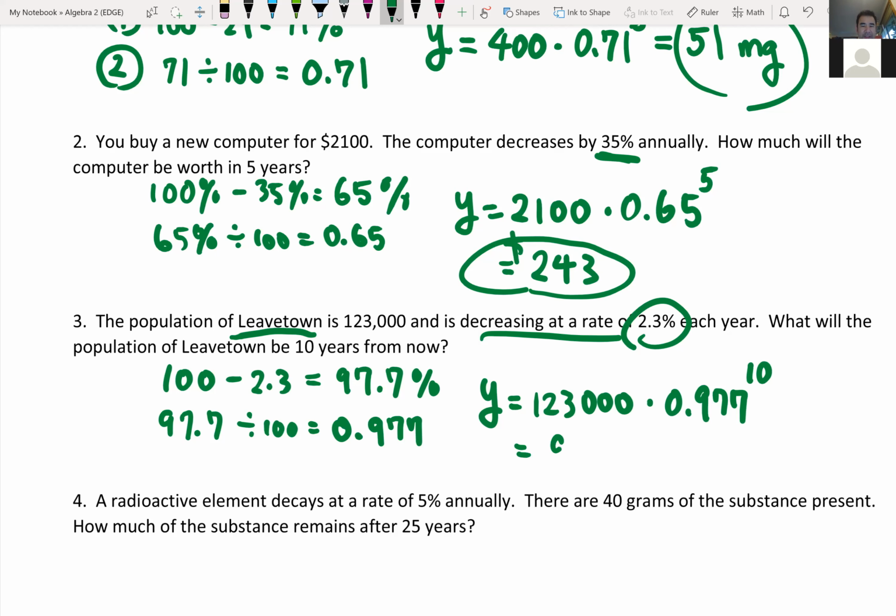The town is 97,465. Let's write down the unit. People, right? Let's make a habit of writing the unit if you know the unit. We're talking about number of people.